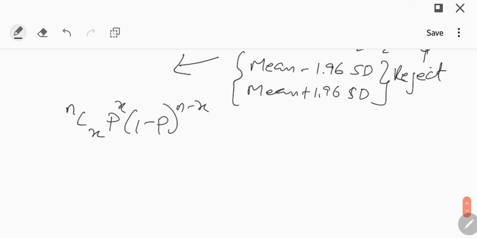This is the probability for each one. So if I want to find out the probability above a particular value, what's the probability with respect to p?